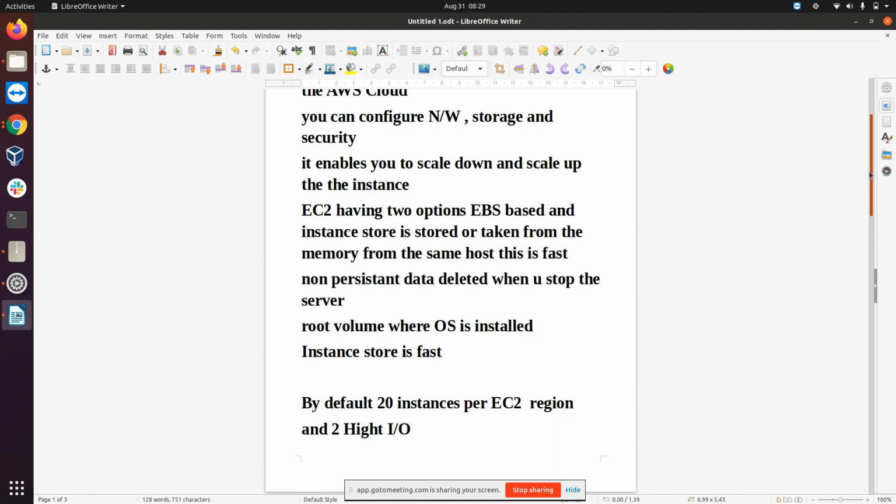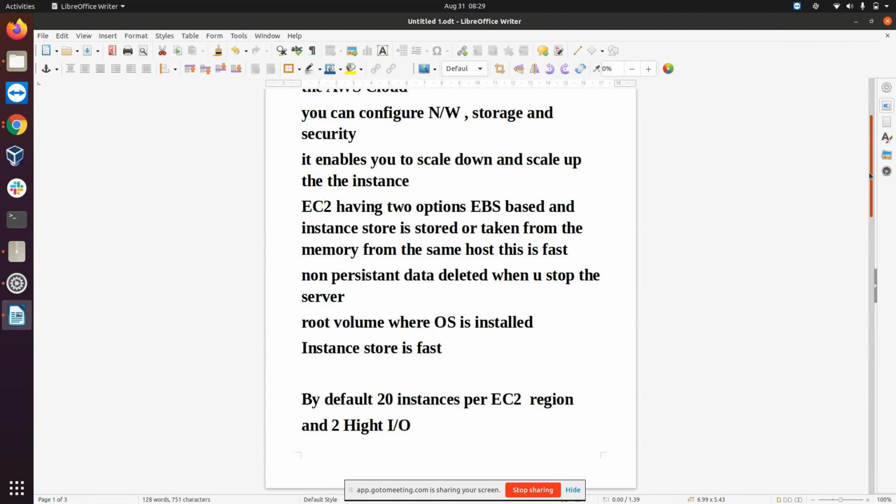Many people will not usually create instance store, because if you stop that server, your data will be lost. With EBS-based, even if your server crashed or is down, it doesn't matter, your data is safe on EBS volumes. So most preference will be given to EBS-based volume, less preference to instance-based volume. I hope you got the clear difference between these two concepts.